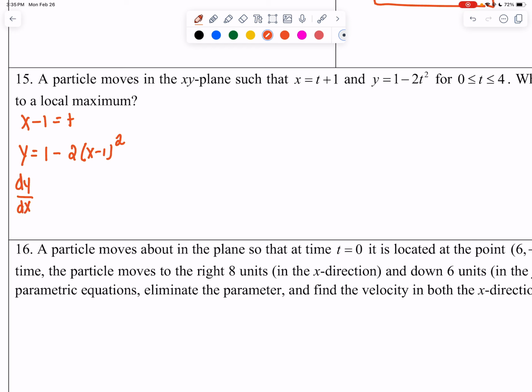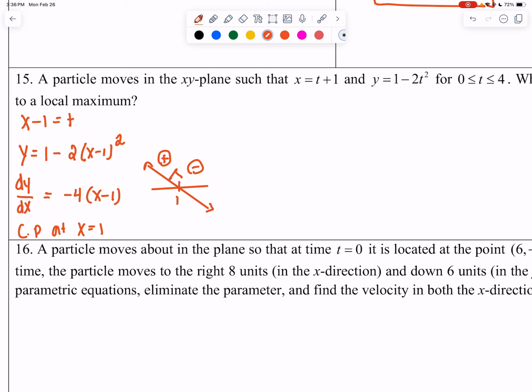dy dx is going to be equal to negative 4 times (x minus 1), which means that I have a critical point at x is equal to 1. This is a linear function, and it is decreasing, so I'm just going to draw that as my little sign chart. Positive, negative. So this tells me that I have a local maximum at x is equal to 1.